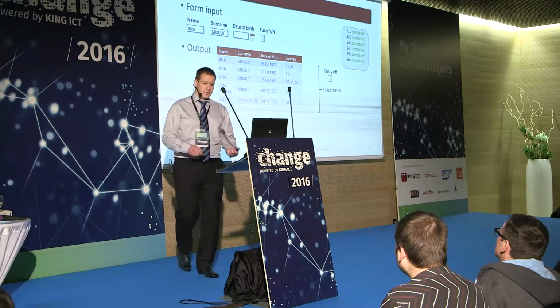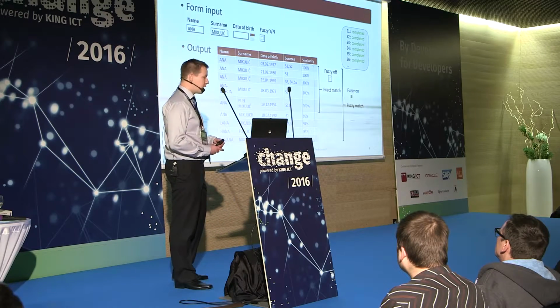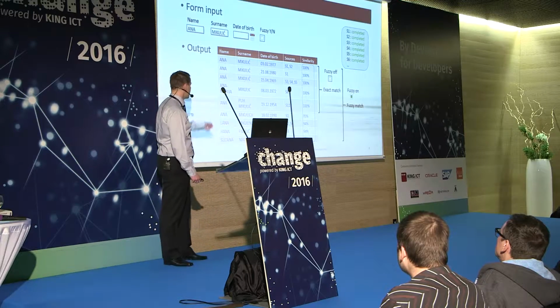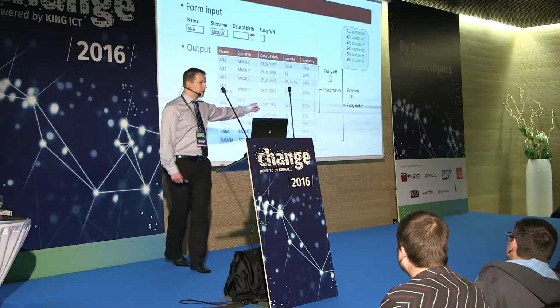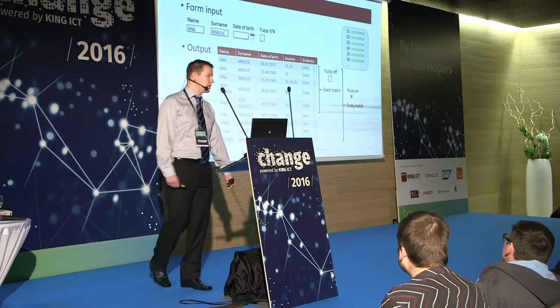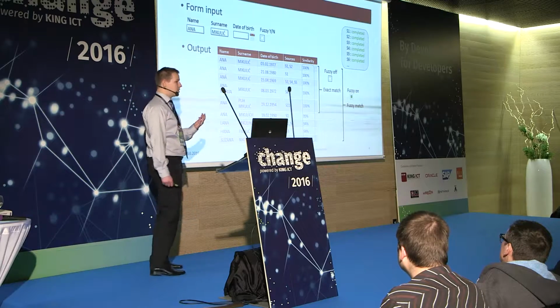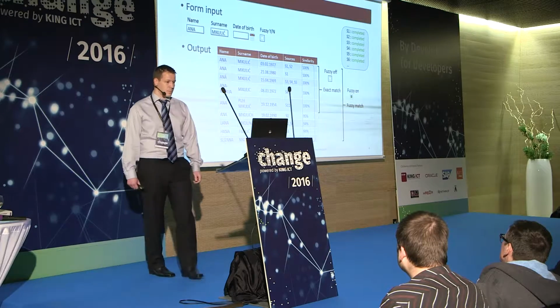And in case of a fuzzy match, we're also expanding our result set to persons we consider to be similar, for example, Lana Mikulin. We're adding an additional column named similarity, from which our customers can see how similar those results are.